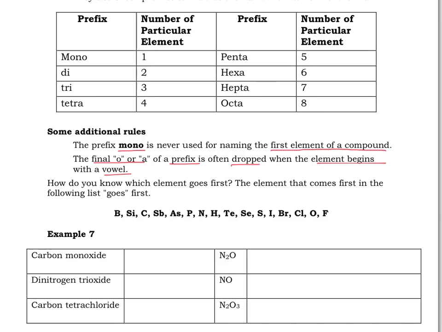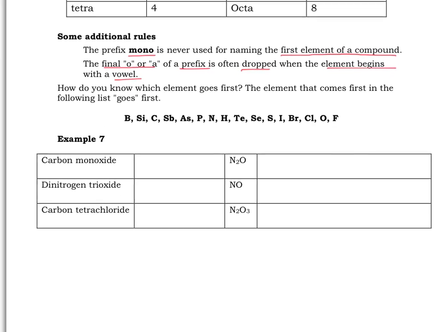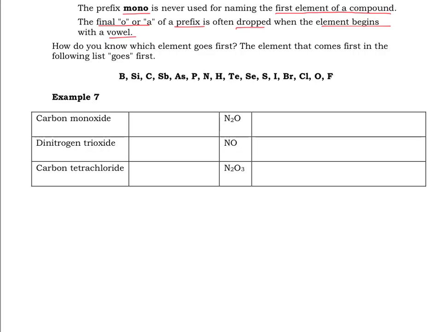Now, it asks here, how do you know which element goes first? Basically, you could memorize this list, or you're going to write the names in terms of the way they're listed in the chemical formula. It's not something that you're going to need to worry about too much right now, but one day, if you ever discover a compound, you'll want to write them in the correct order.